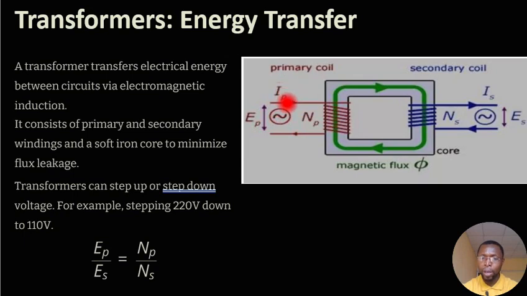The IP is the primary current. The EP is called the primary voltage, and the NP is called the primary number of turns. At the other end is the secondary coil, which has IS, the secondary current, NS, the secondary number of turns, and ES, the secondary voltage.